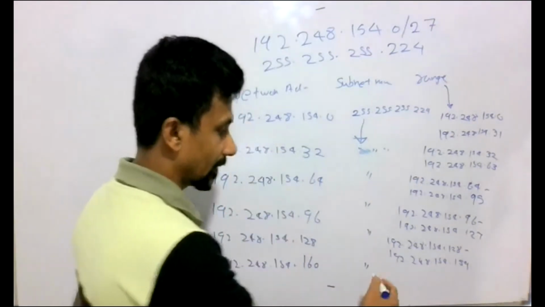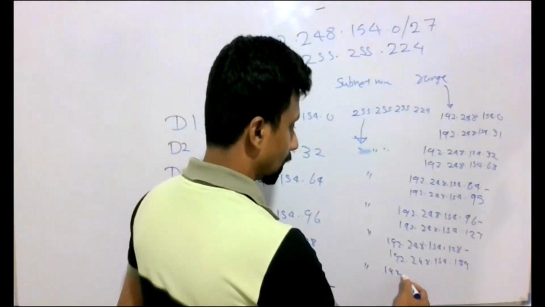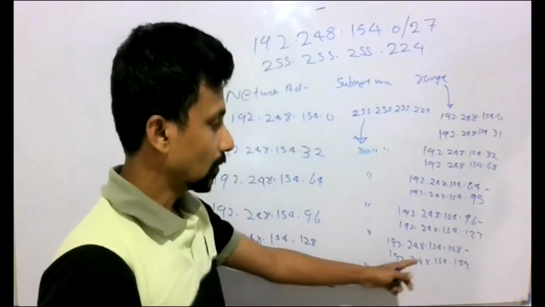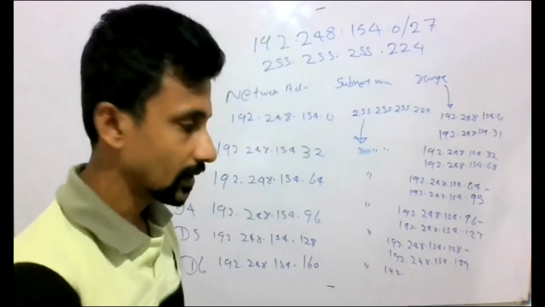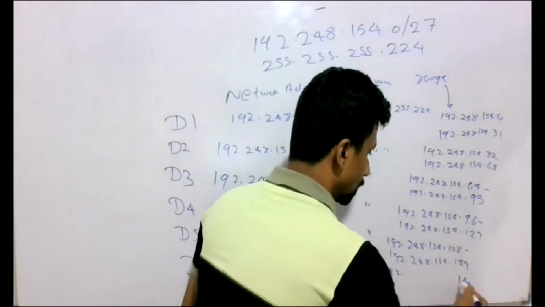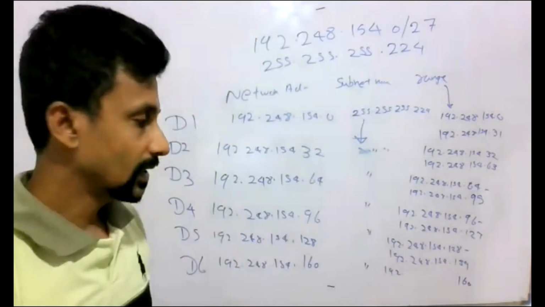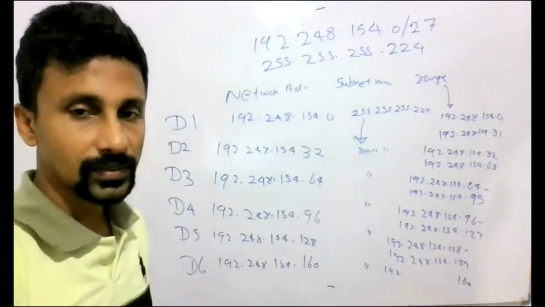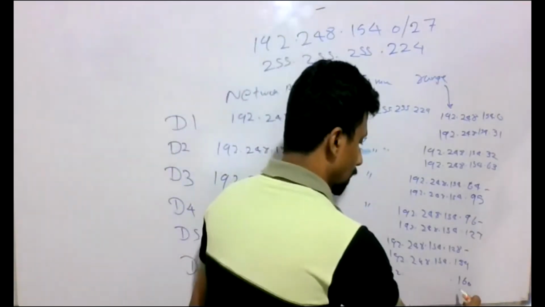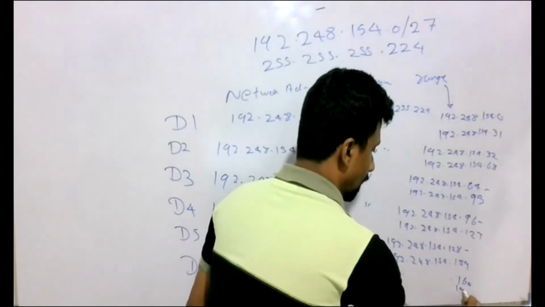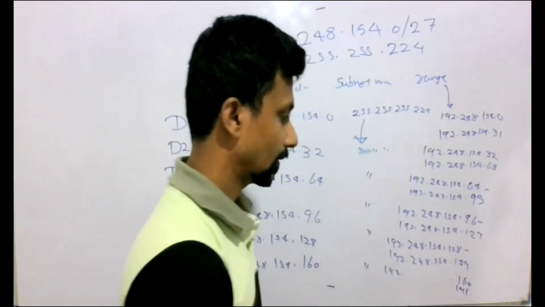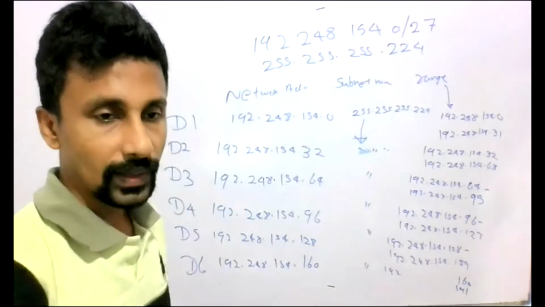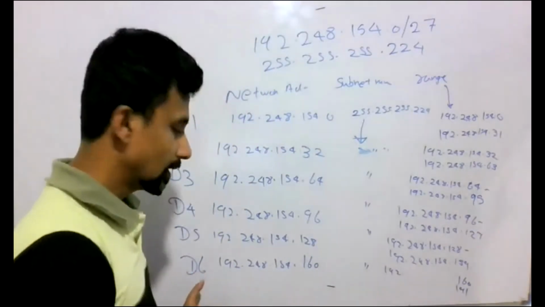Then range will be 192, 248, 154, 160. I'll write the last part only. 160 already done. You have to add another 31. 31 add කරාම 191. So these are the 6 departments.